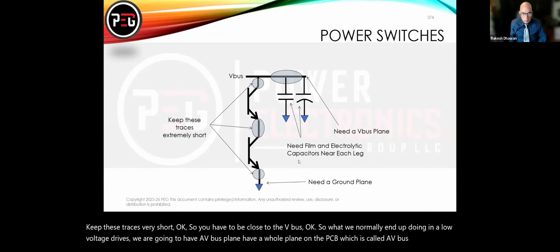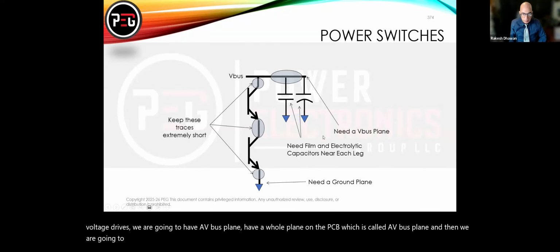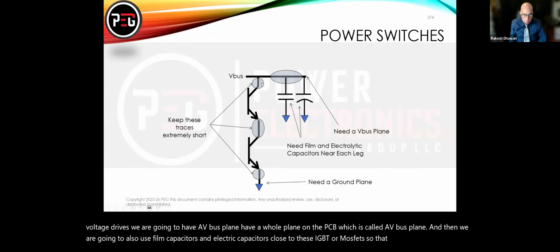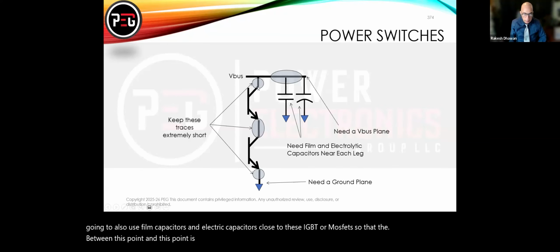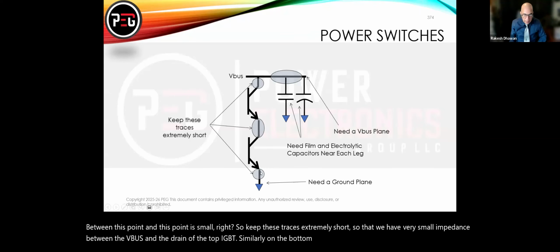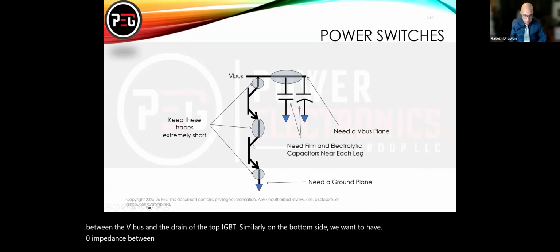And then we also use film capacitors and electrolytic capacitors close to these IGBTs or MOSFETs so that the impedance between this point and this point is small, right? Keep these traces extremely short so that we have very small impedance between the V bus and the drain of the top IGBT. Similarly, on the bottom side, we want to have zero impedance between the source of this IGBT and the ground plane. These are the important rules.